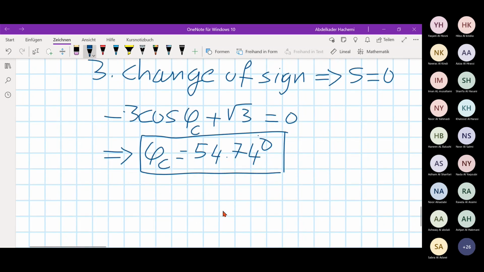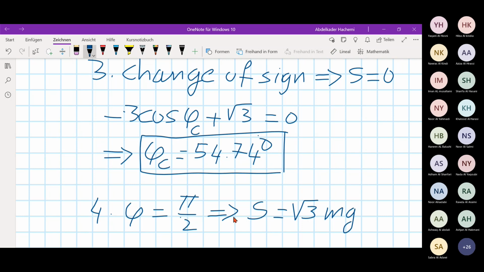Now coming to the fourth question, let's say, what we have: the rod force for phi equal to pi divided by 2. Then we have S equal to square root 3 mg.